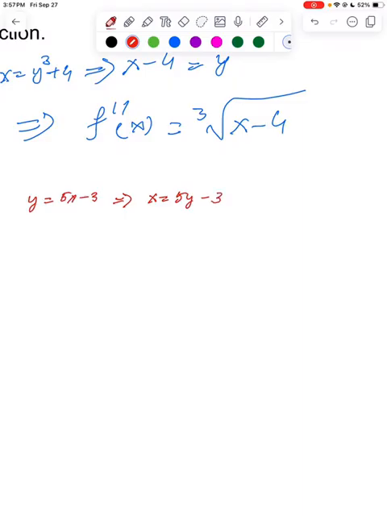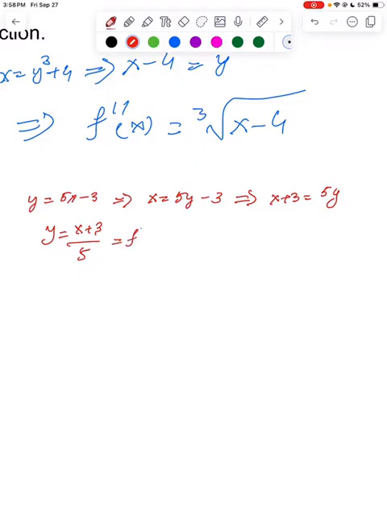Now I have to find y. So first thing I do, add 3. So I get x plus 3 equals 5y. And now divide by 5. So we get y is equal to x plus 3, whole divided by 5. And so this is f inverse of x.